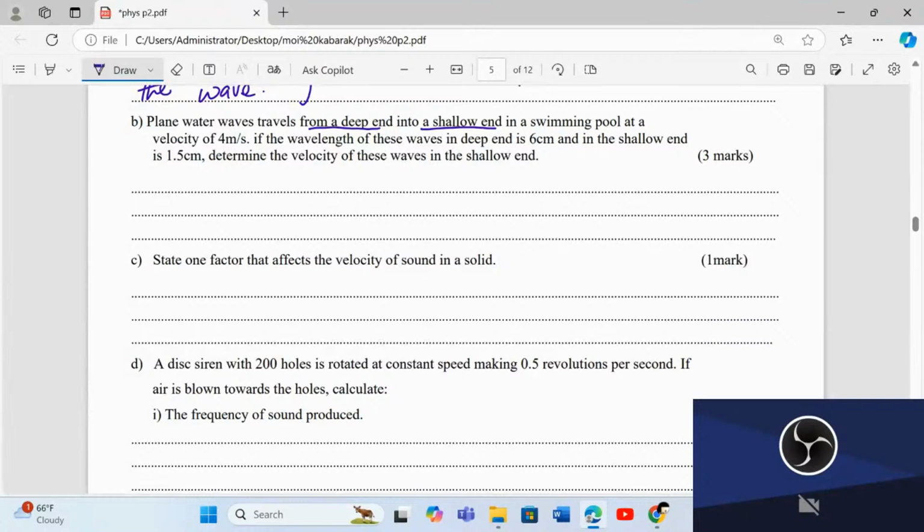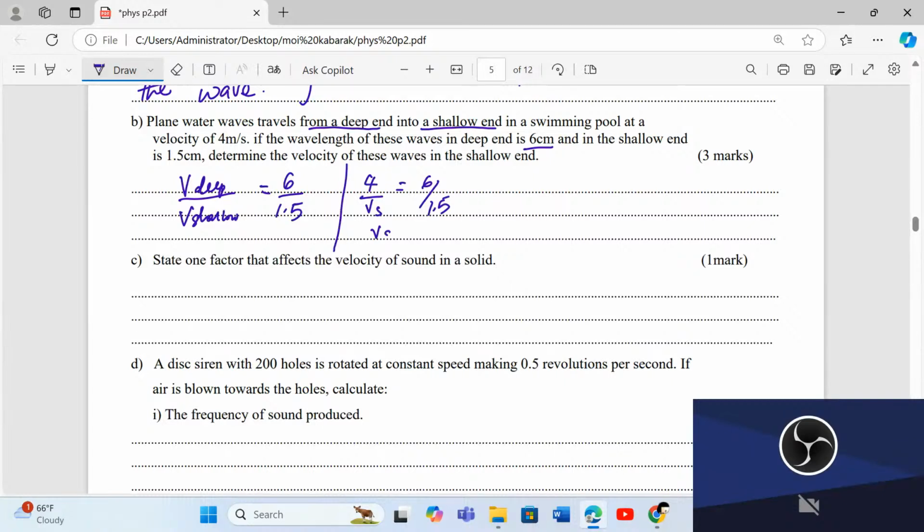Therefore, if we compare the velocity in the deep end to the velocity in the shallow end, then we use the wavelength. The wavelength in the deep end is 6 and in the shallow end is 1.5. Now you can say from this ratio, 4 meters per second divided by the velocity in the shallow end is given by 6 over 1.5.